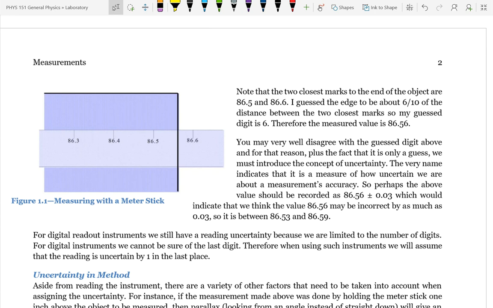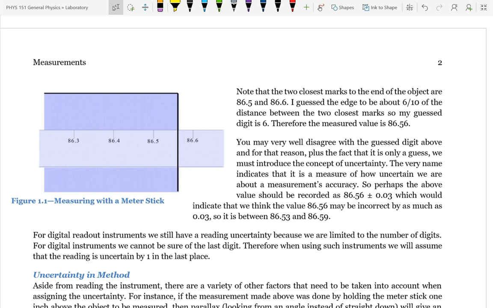So you're going to use the meter stick to measure distances, and if the meter stick is the limiting factor, what's missing in this number? Units, right? I come to it later, I point that out. But this would be 86.56 plus or minus 0.03 centimeters for the measurement shown here.